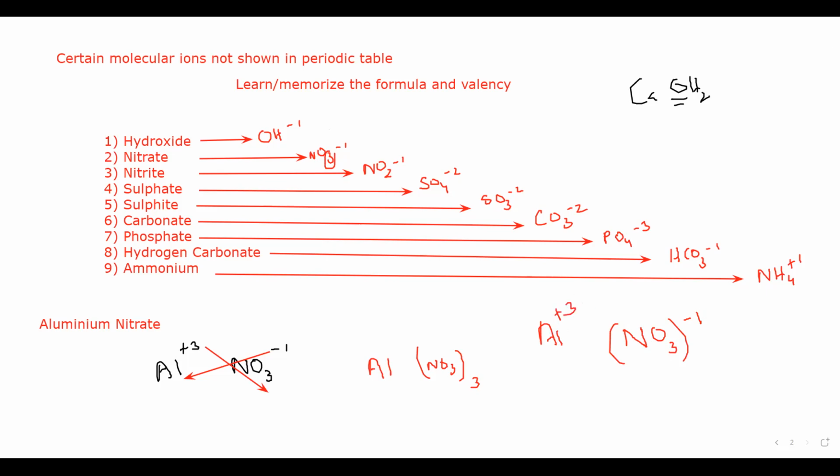So when we cross multiply, after simplifying, this 1 will come with aluminum and 3 will come with nitrate. So it will come out as aluminum 1 and NO3 with 3 particles. Is it clear? Yes, sir. Is it clear to everyone? The formula for aluminum nitrate.